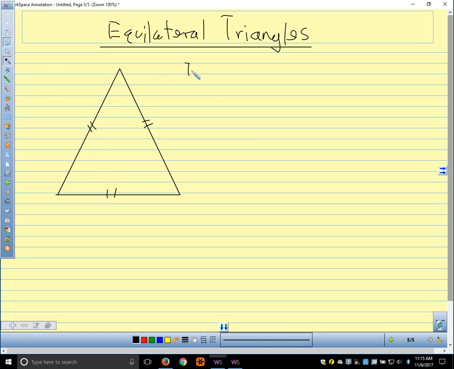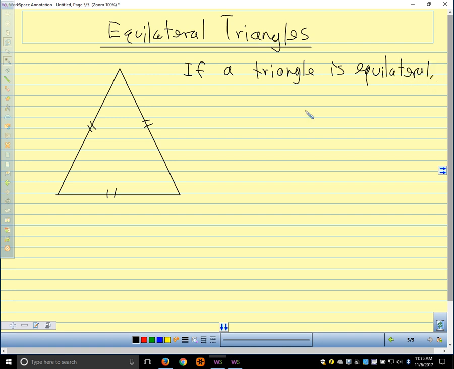And we're going to say if a triangle is equilateral, then, well, let's look at these two sides. If we know those two sides are congruent, what do we know about these two angles? They have to be the same. That's an isosceles triangle. So we know that those two angles have to be the same.